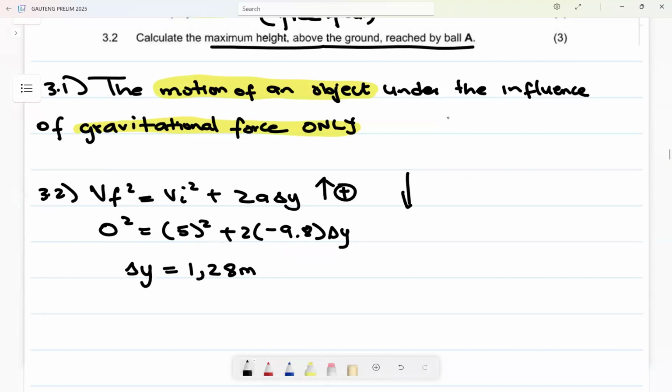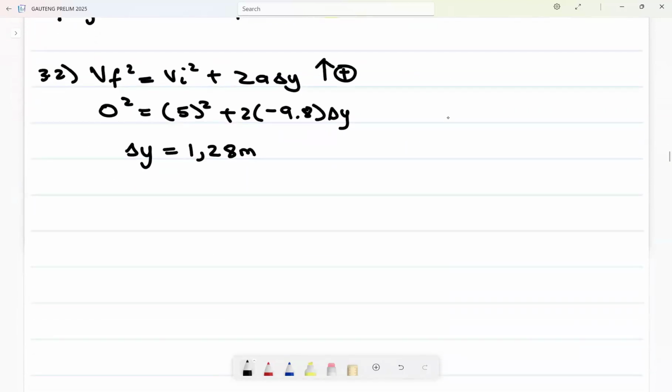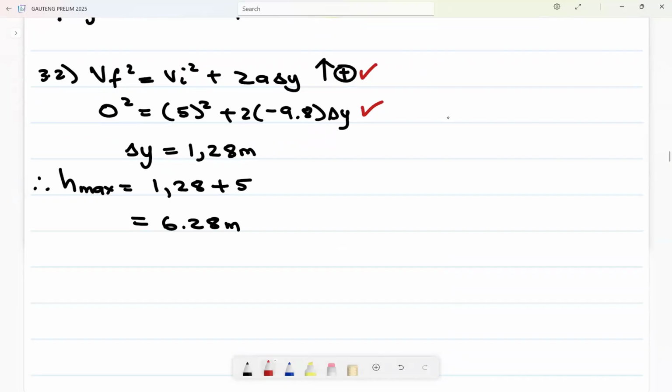If you chose downwards as positive, your answer will be negative here. But what we want is the maximum height. So, therefore, the maximum height is 1.28 plus the 5 meters, and it's going to be 6.28 meters. Guys, this is a mark here, a mark here, and for adding these it is a mark, and then the final mark is there.